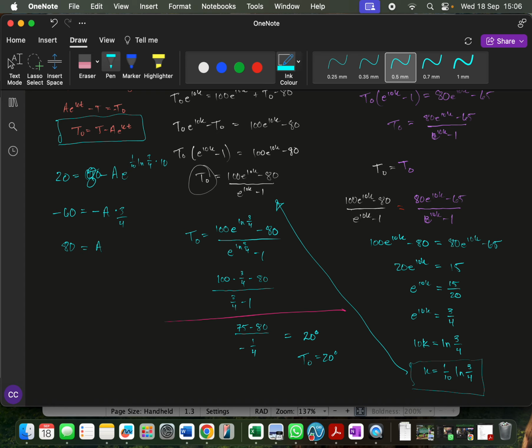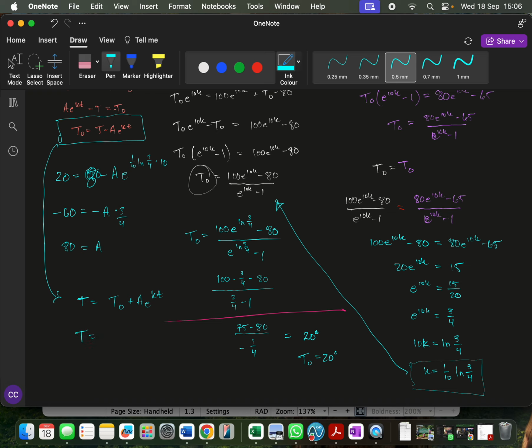So rearranging this again, I can do T equals T0 plus A e to the KT.